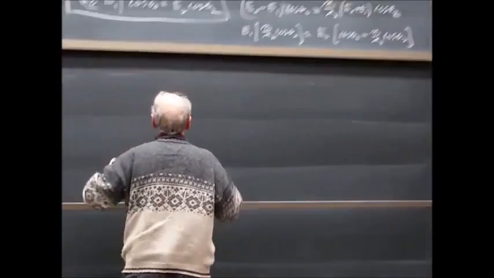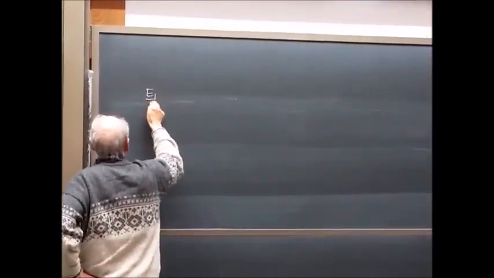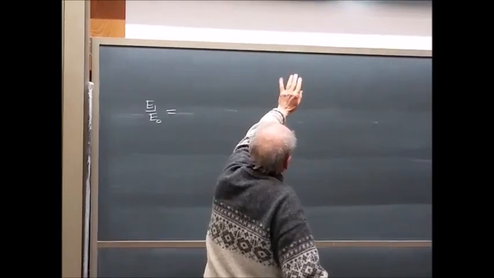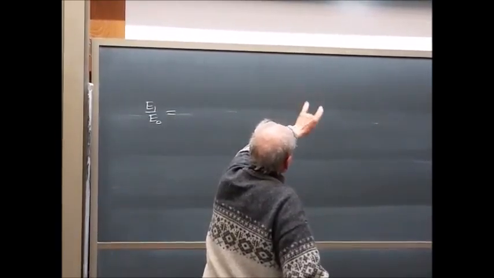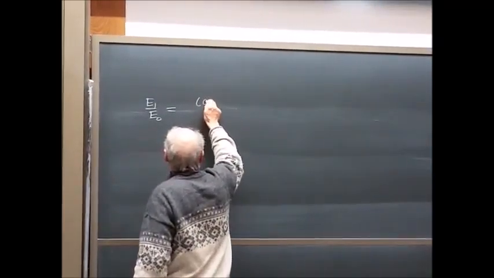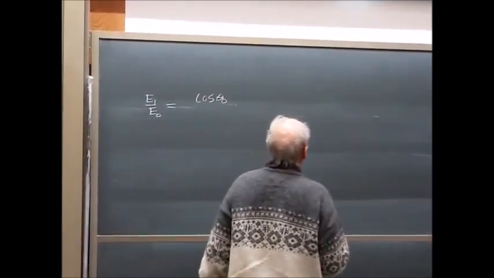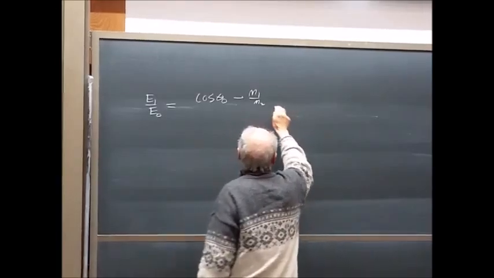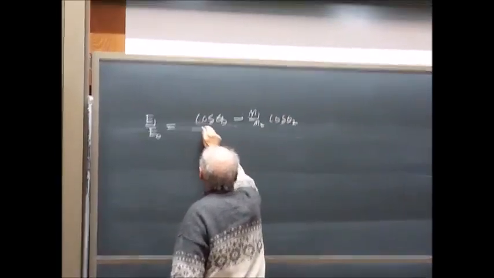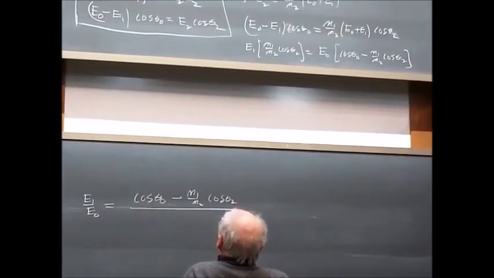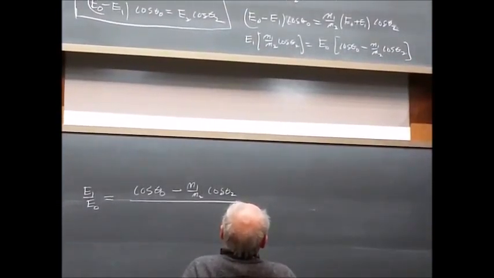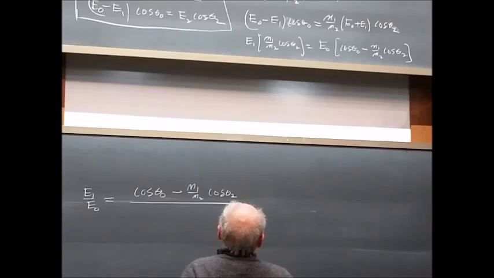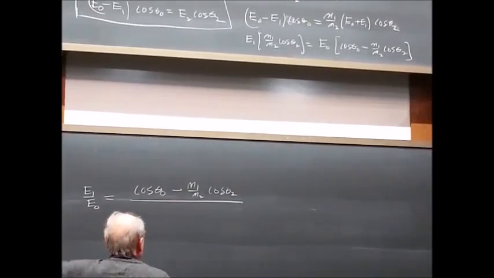And so I get what I'm really interested in, E1 over E0, the ratio of the reflected electric field to the incident electric field, which is cos theta 0 minus N1 over N2 cos theta 2, divided by... I missed a term here, obviously I lost a term.